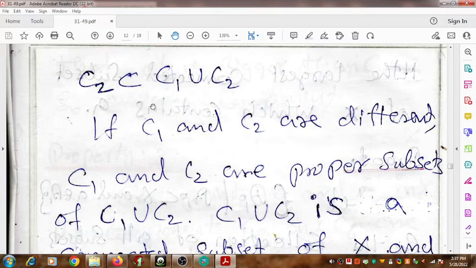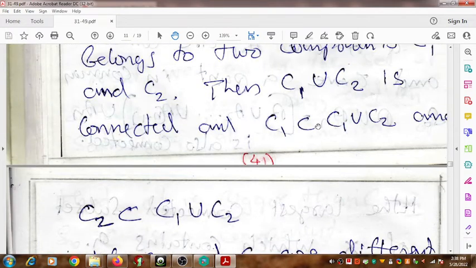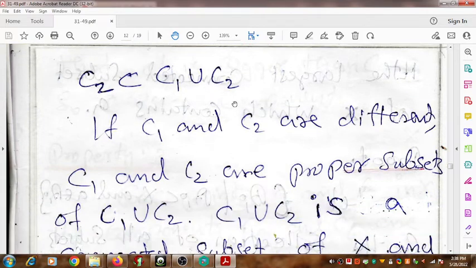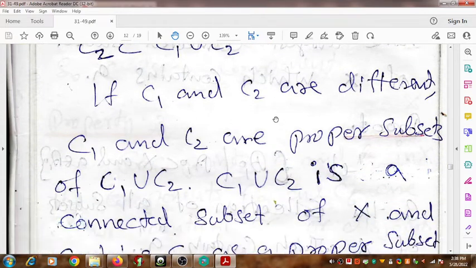So we get that C1 is a subset of C1 union C2, and since C1 union C2 is connected, C2 is also a subset of C1 union C2. Since C1 and C2 are different, C1 contains some points which are not in C2, and C2 contains some points which are not in C1.